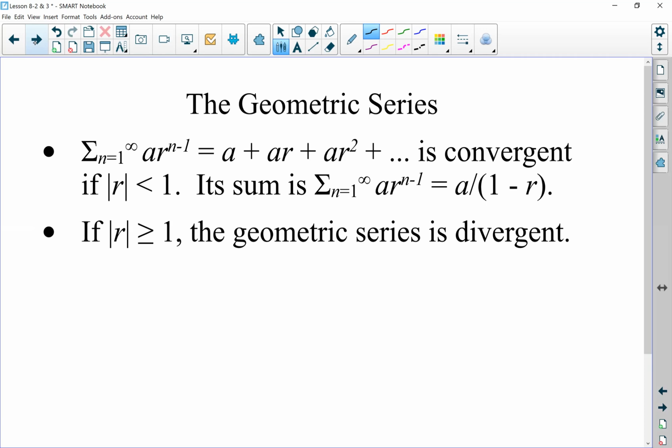Every geometric series is convergent if the absolute value of r is less than 1. And the sum can be found by taking a, your first term, divided by 1 minus r.